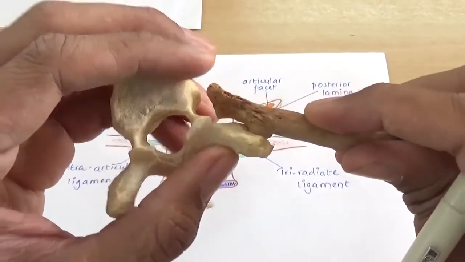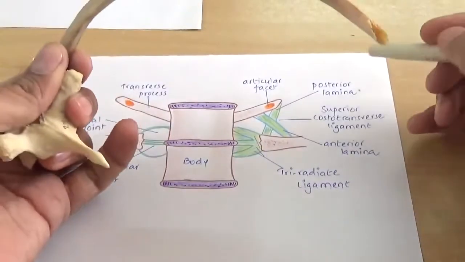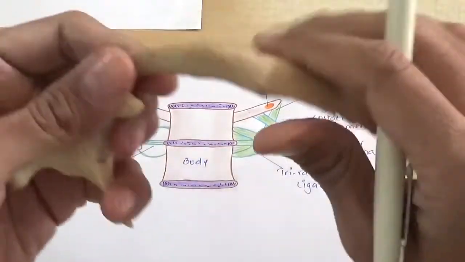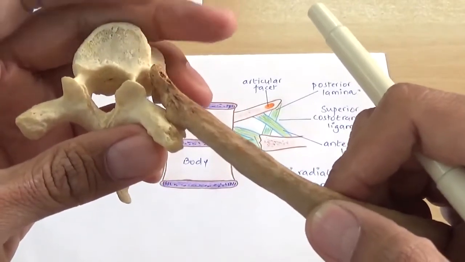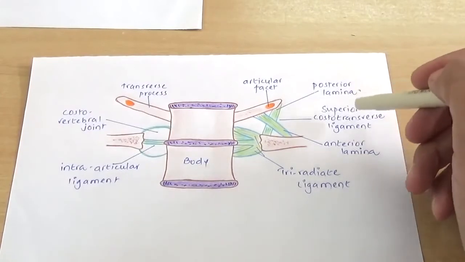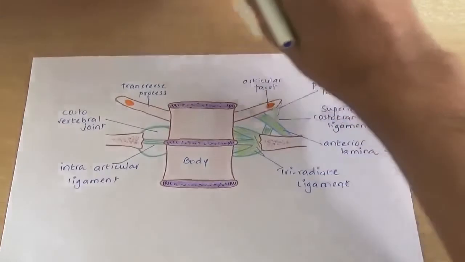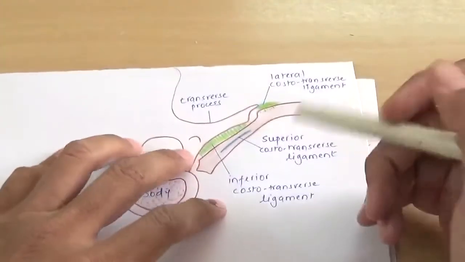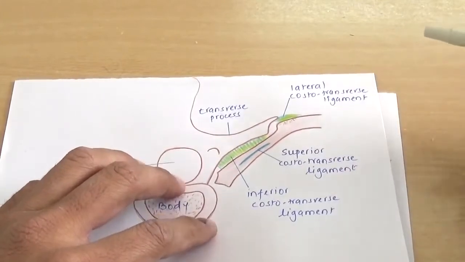Let's see which ligaments join these two together. There are costotransverse ligaments between rib and transverse process, as the name itself suggests. There are a total of 3 costotransverse ligaments: superior costotransverse ligament, then inferior, over here you can see, and another is the lateral costotransverse ligament.